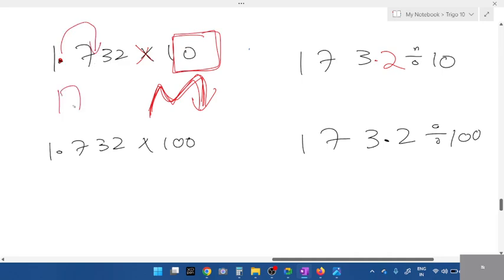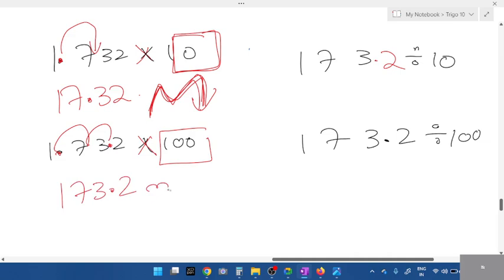What's the answer? 17.32. Second option. How many zeros are there if you multiply by 100? 2. So this point will travel two positions to the right hand side. Answer is 173.2. For division, it's the opposite, left hand side. How many positions does this go? Left hand side, right? Yeah, one position, 17.32. What about this? How many?